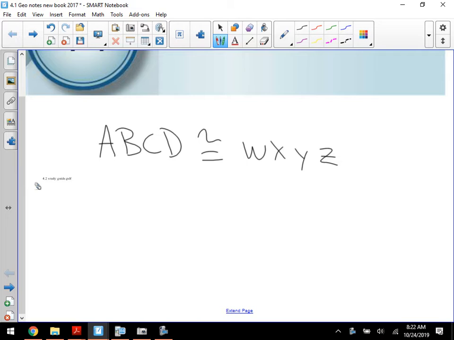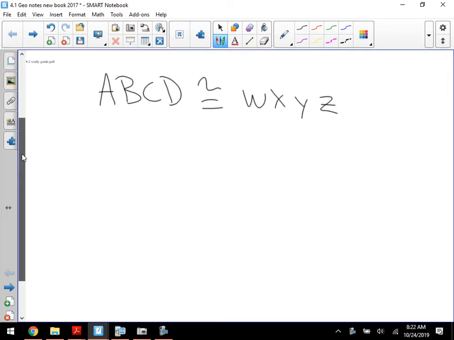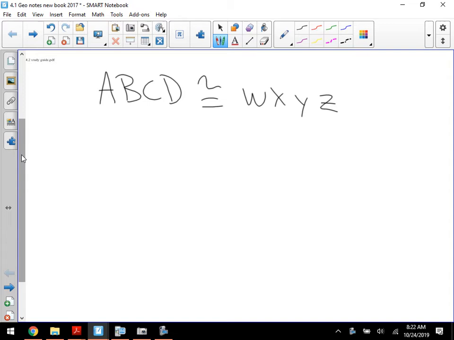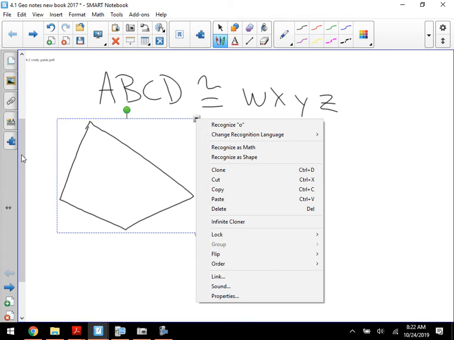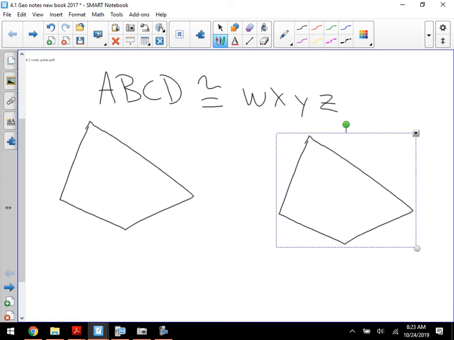No. Whenever you get this thing called a congruency statement, it tells you what matches with what. So I'm just going to draw a four-sided figure. Four sides, right? It's just four sides.